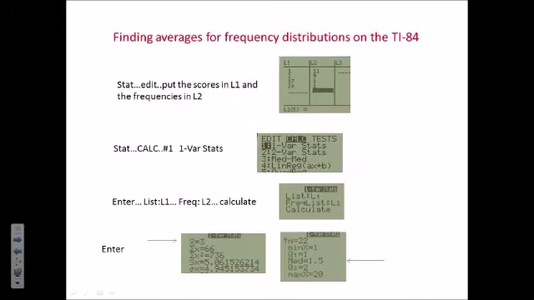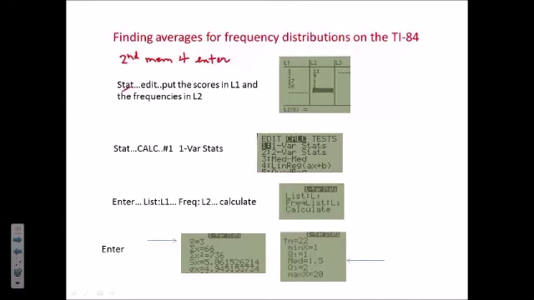You could also use the calculator to find averages. Using the TI-84, first step is to clear the lists, which is second memory number 4. Enter. Calculator should say done.